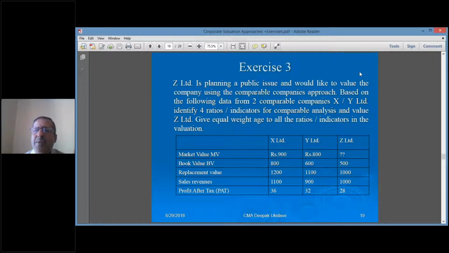Though it is exercise 3, we are solving it first. This is on the comparable company approach.